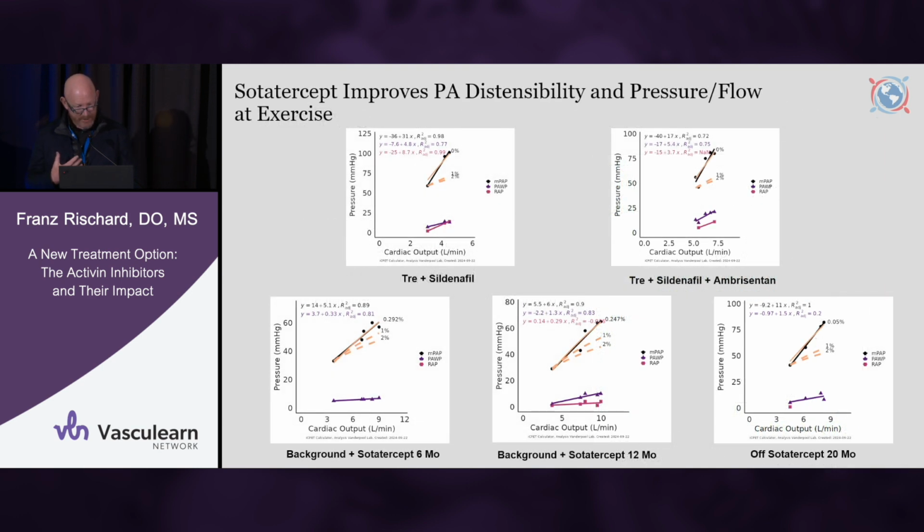Now this is a busy slide, but I'll go through it systematically with you. Distensibility is essentially the percentage change in vessel area relative to a change in distending pressure. Did I get that right, Rebecca? Okay, thank you very much.